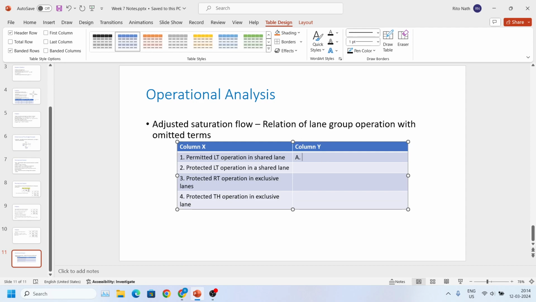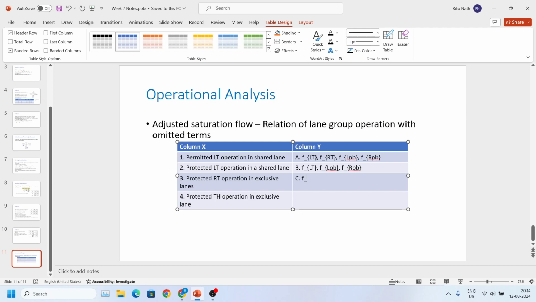Okay, and here you have A: FLT, FRT, FLB, FBB. For B you have FLT, FLB, FBB.